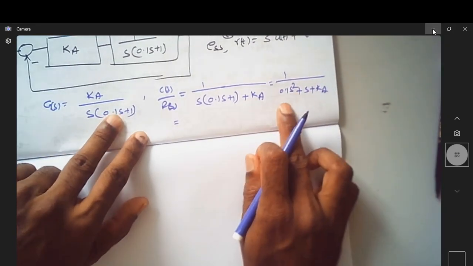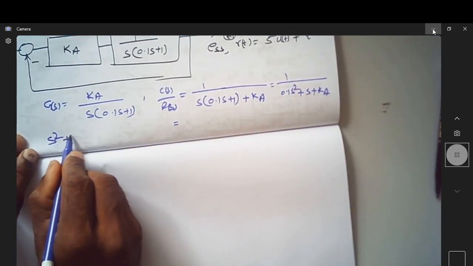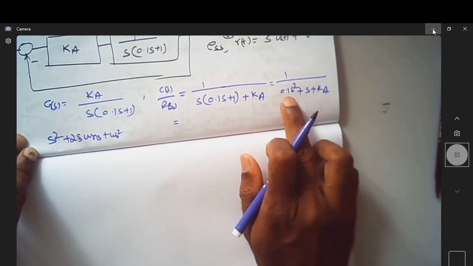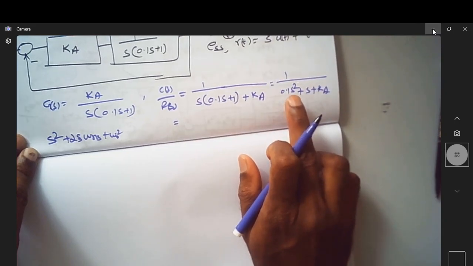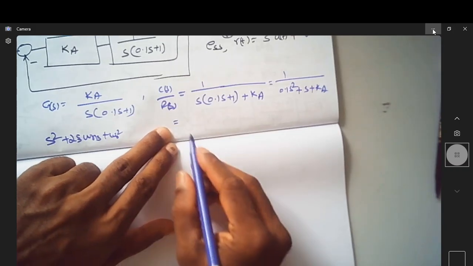So if I want to bring it to the standard form of s square plus 2 zeta omega n s plus omega n square, I have to make the coefficient of s square as 1. To do that, I have to take out 0.1 outside.